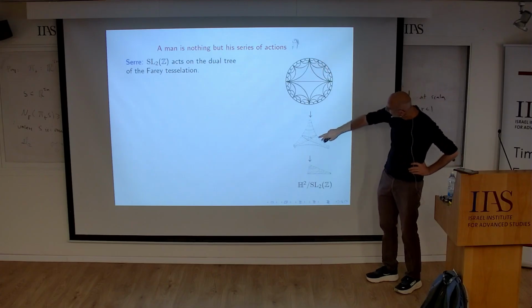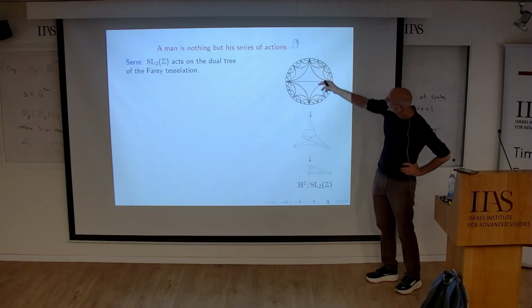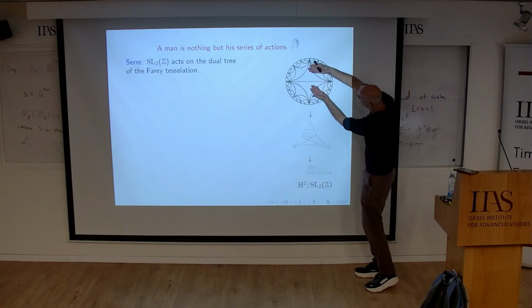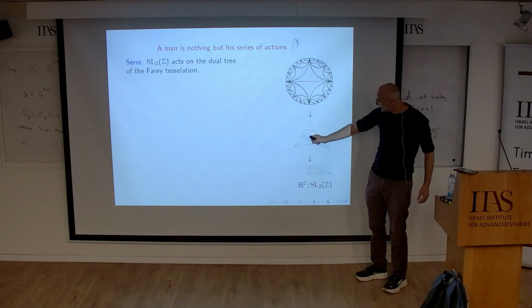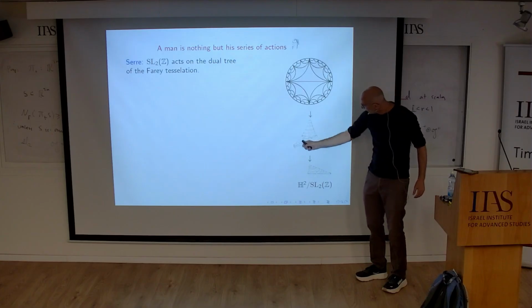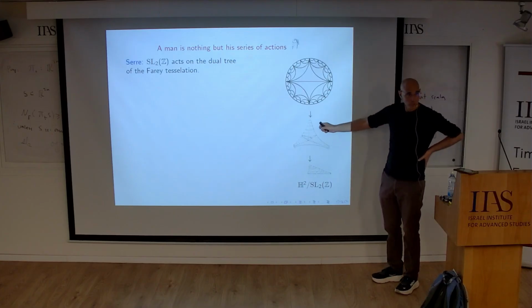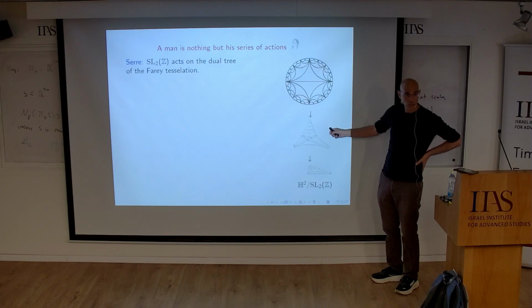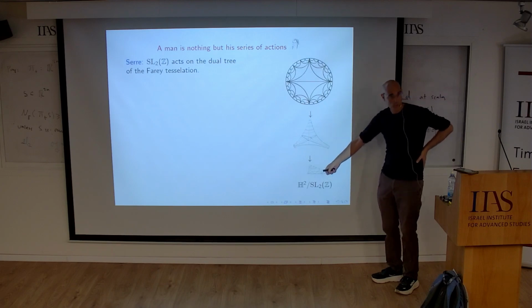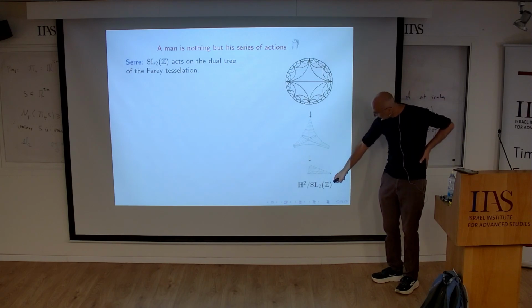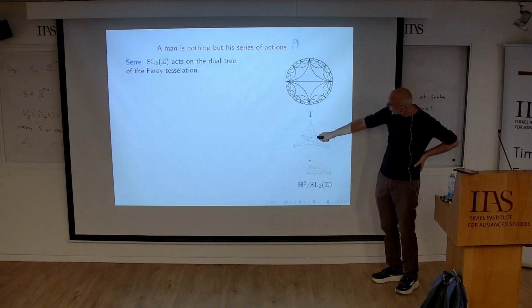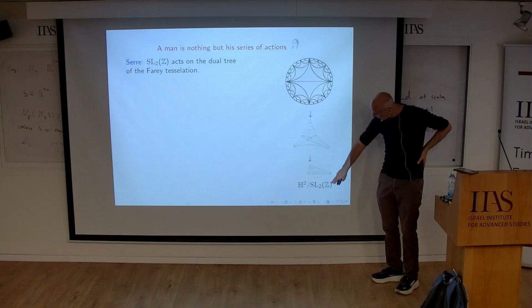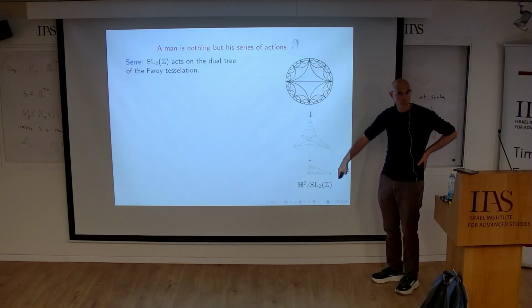If I mod out by a certain group generated by pairs of reflections, I will get something which is kind of taking these two triangles and gluing them together. This has order 6 symmetries. I mean, S3 acts on it, and that will be the quotient, which is the locally symmetric space associated with the congruence subgroup, the kernel of the map to SL2 over F2.